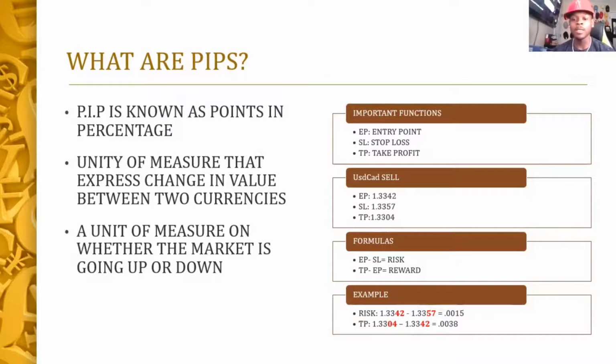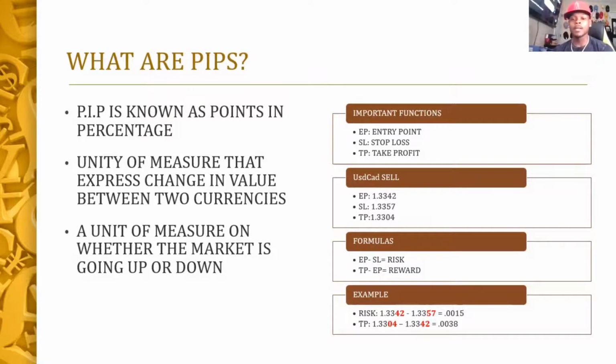We will subtract that from our stop loss, which is 1.3357. So 57 minus 42 will be 15. So in total, we're only risking 15 pips in that trade.